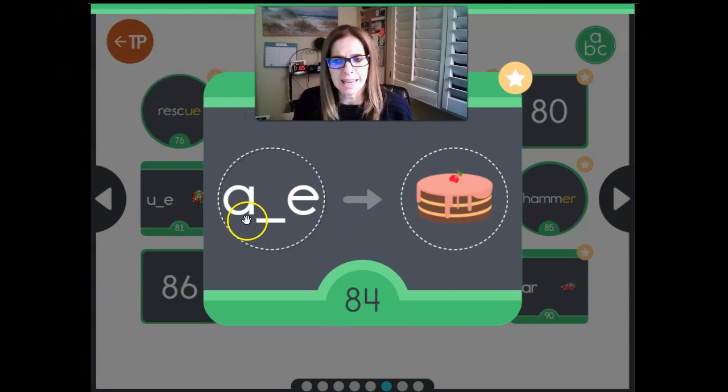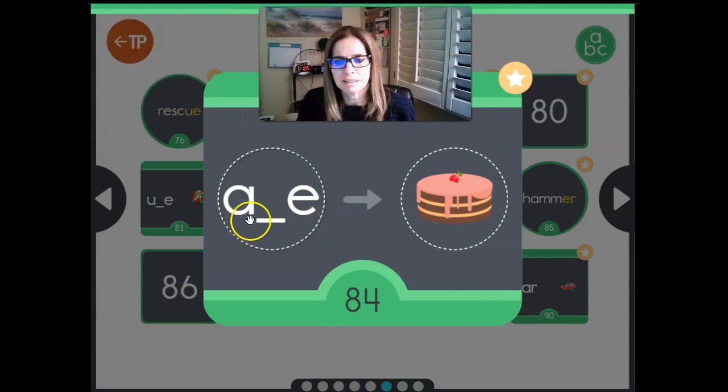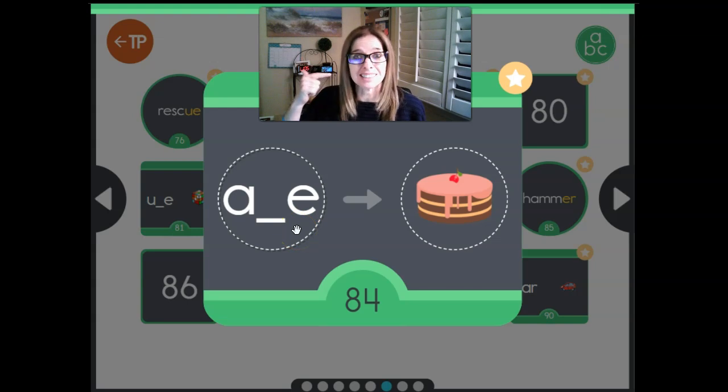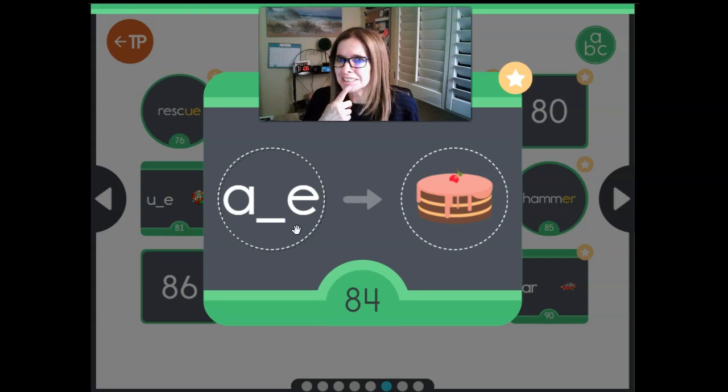So now I see A separated E. I know that we use AE spelling for actually 3 different sounds. It can say A, it can say E, or it can say eh. But right now we're talking about the A separated E spelling. What do you think it's going to do? The same thing those other vowel separated E spellings did? You guessed it.